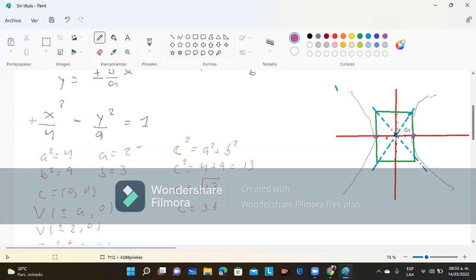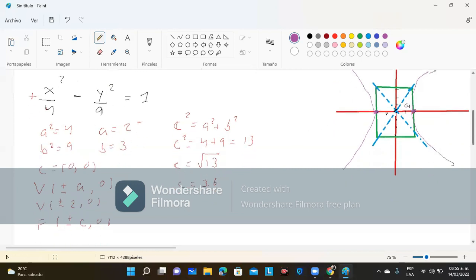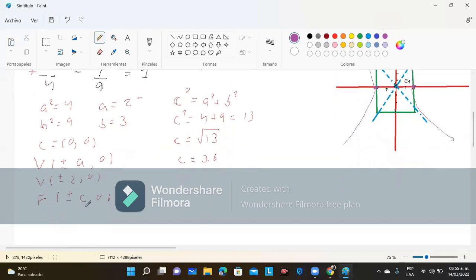Okay, so now we need the foci. The foci are going to be plus or minus c comma 0. So we say that c is the square root of 13. So the foci are going to be plus or minus square root of 13 comma 0. So square root of 13 is 3.6. So it's 1, 2, 3, 4.